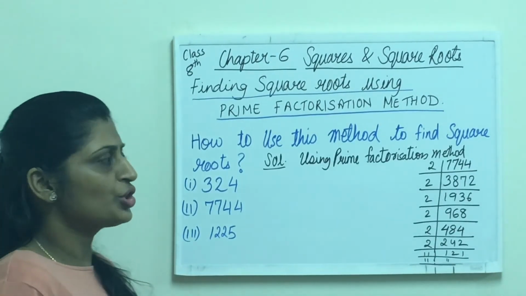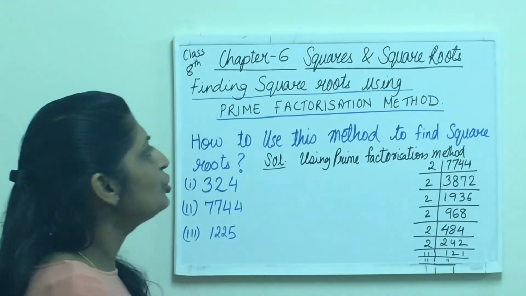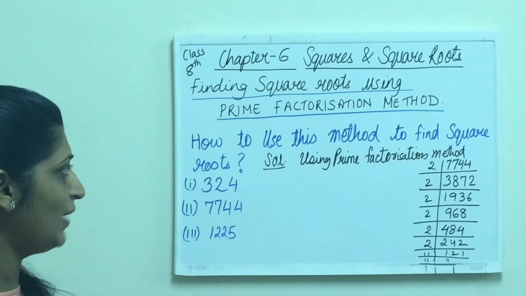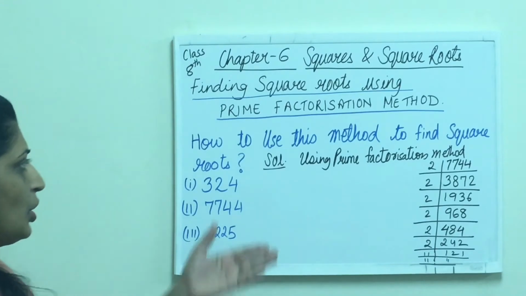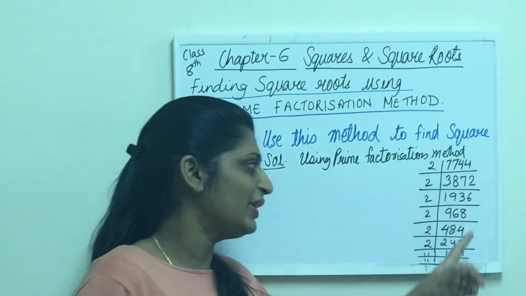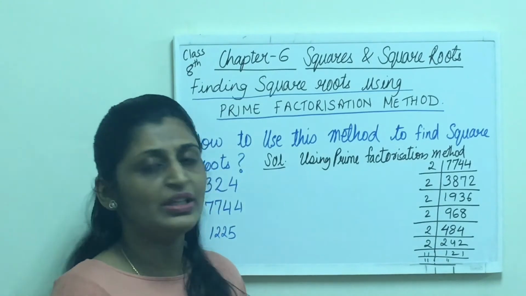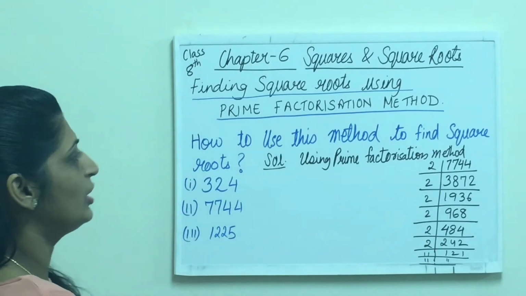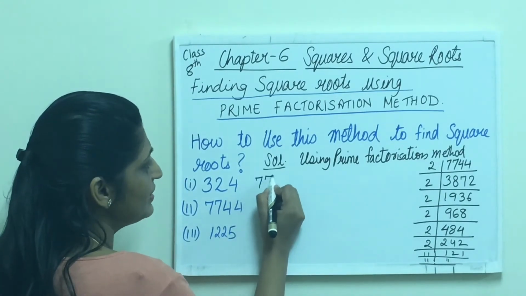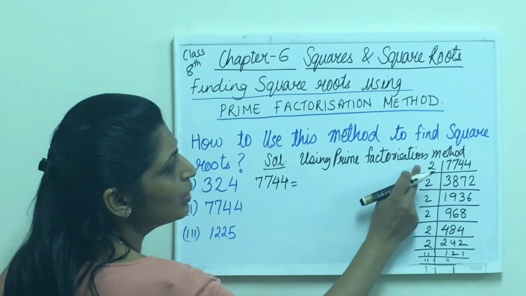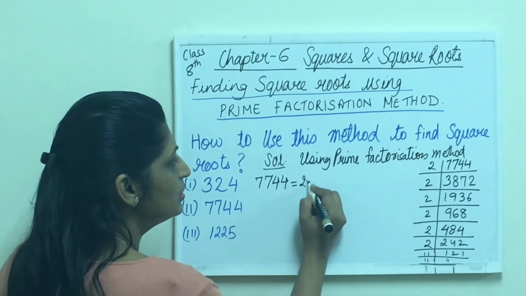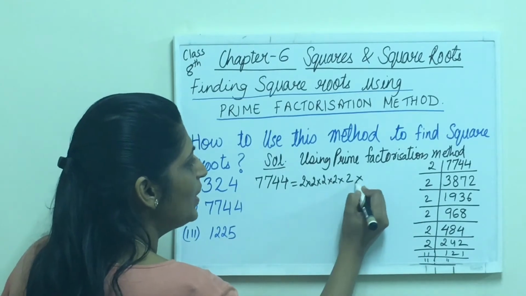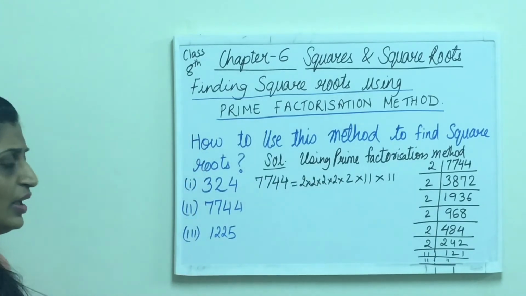So now the solution to the second part of the given question. How to use this method to find the square root of 7744? We'll do it the same way using the prime factorization method. First of all, we'll find the prime factors of 7744, as shown on the board. Now I will rewrite this. How many 2s? 1, 2, 3, 4, 5, 6. 6 times 2. And 2 times 11. Right? What is my next step?